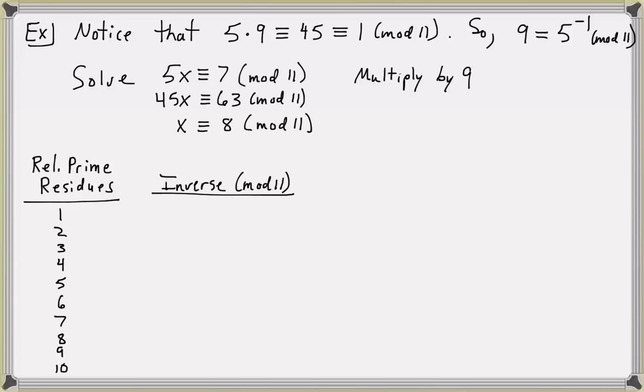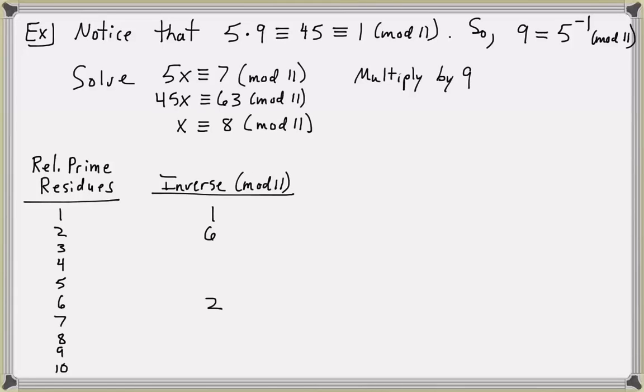Well, 1 is going to be its own inverse mod 11, because 1 times 1 is 1 mod 11. Think about the number 2. 2 times 6 is 12, which is congruent to 1 mod 11. So 6 is the inverse of 2, and therefore 2 would be the inverse of 6 mod 11.